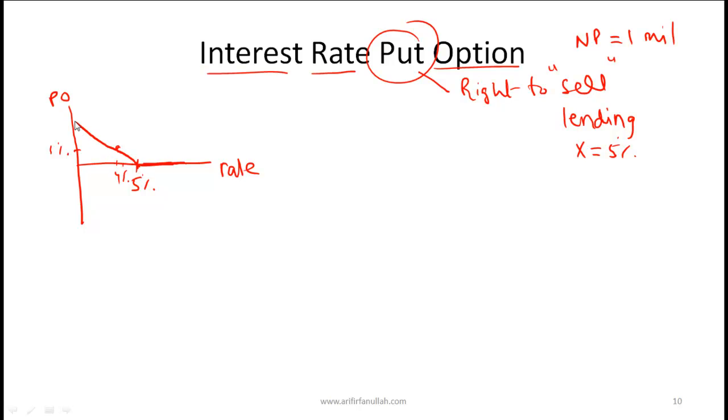Taking this all the way back, our maximum payoff is 5% if the interest rate goes down to 0, because if the interest rate is 0 and we have the right to lend money at 5%, then our benefit is 5%. In terms of calculating the actual dollar figure, we simply multiply the percent by the notional principal. So this, in very simple terms, is our interest rate put option.